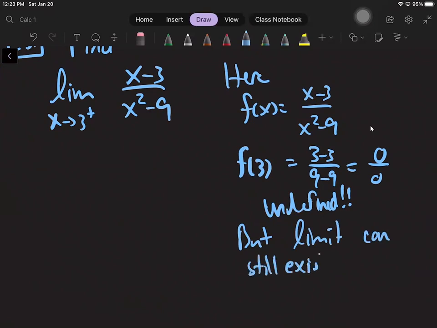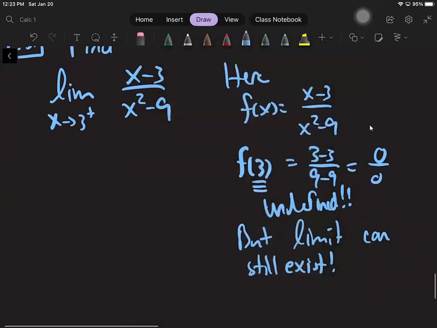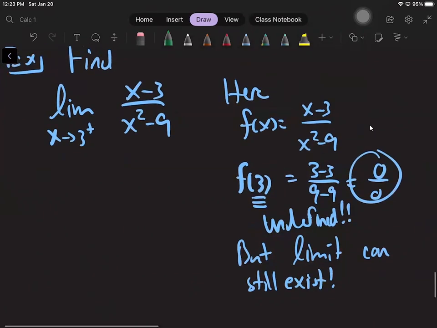That's the interesting part about limits: even when there's a number that you can't plug in, so you can't actually say what happens when I plug in 3 to this function, it's undefined. Even though you can't plug 3 in, you can still ask, what is the limit as x goes to 3?